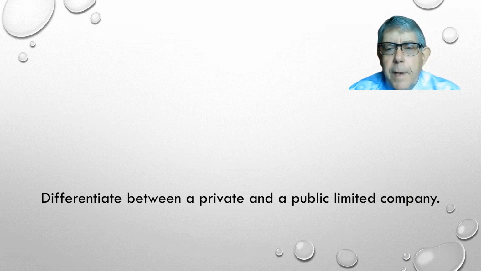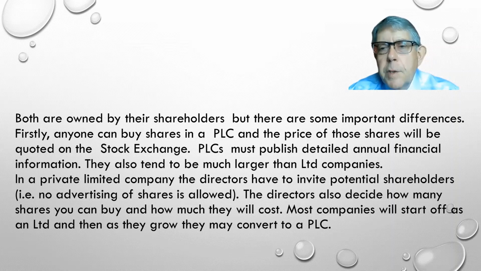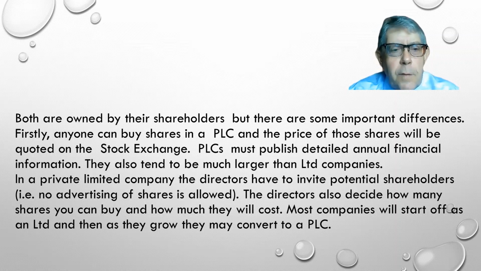Differentiate between a private and a public limited company. Both are owned by their shareholders, but there are some important differences. Firstly, anyone can buy shares in a PLC, and the price of those shares will be quoted on the stock exchange. PLCs must publish detailed annual financial information. They also tend to be much larger than limited companies.